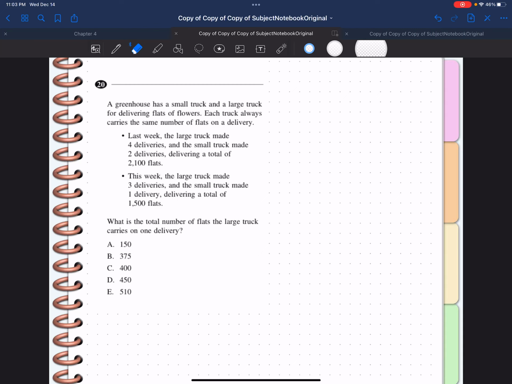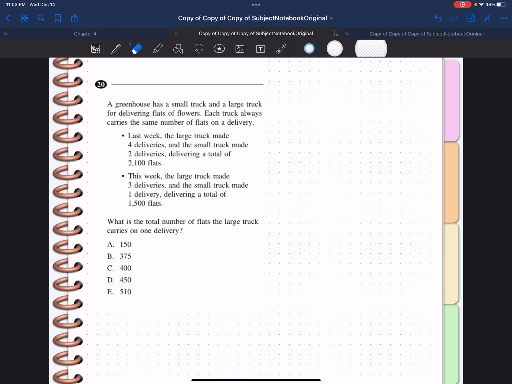Number 20. A greenhouse has a small truck and a large truck for delivering flats of flowers. Each truck always carries the same number of flats on a delivery. Last week, the large truck made 4 deliveries, and the small truck made 2 deliveries, delivering a total of 2,100 flats.